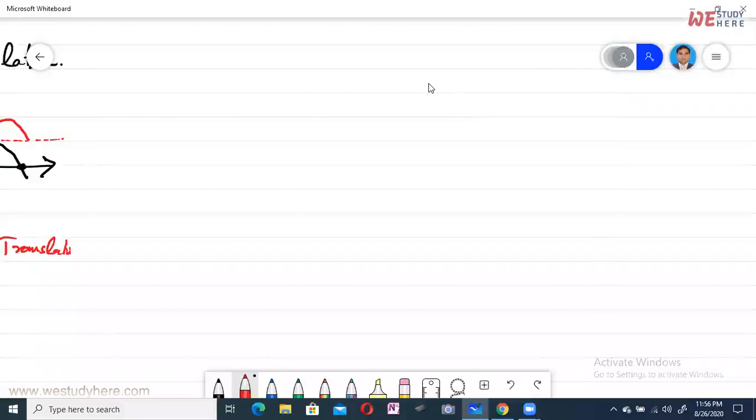Now we are going to start exercise 9.4. Question 1: the following functions are defined for 0 to 360. The domain is given as 0 less than or equal to x, x less than or equal to 360 degrees.